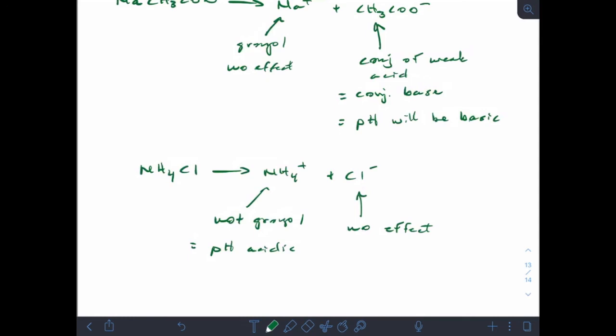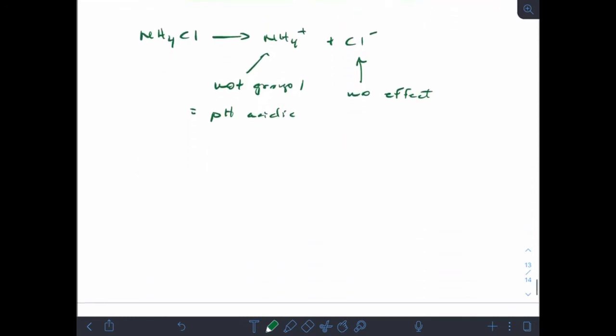So how this all works is a process called hydrolysis, and this is in the textbook in this section.